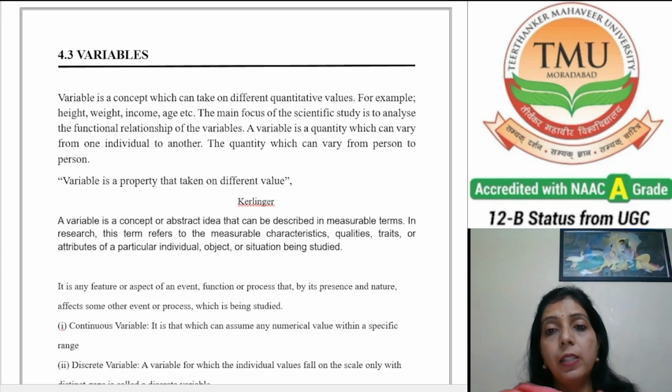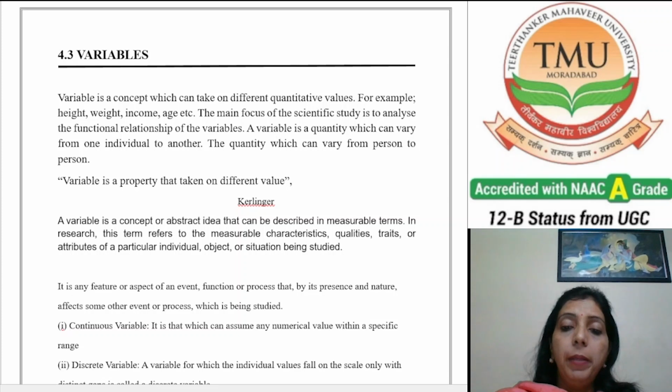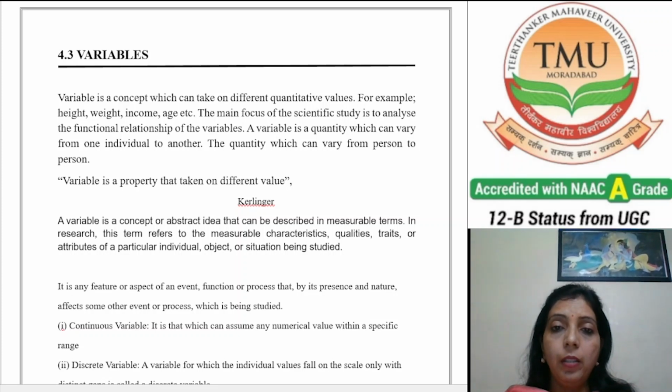The variables that are the most useful are discussed as: first is the independent variable.